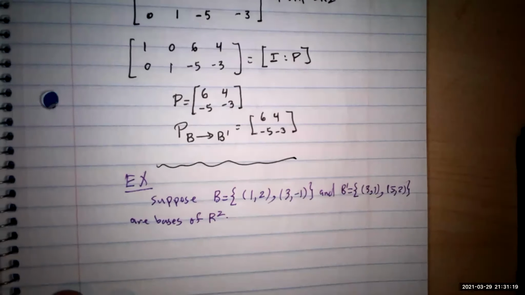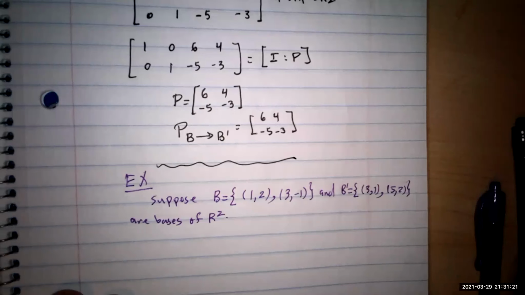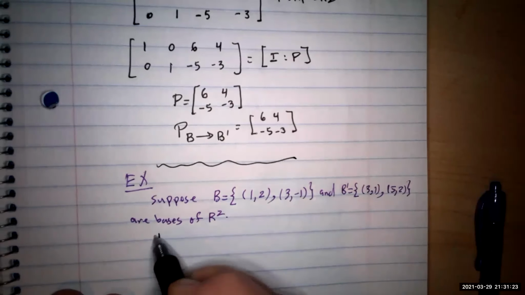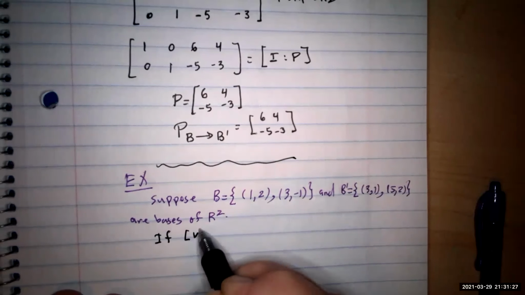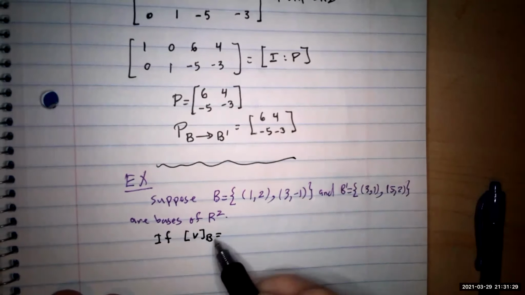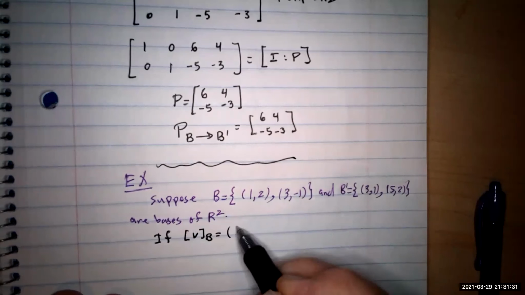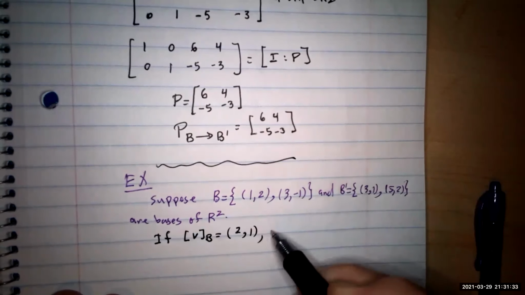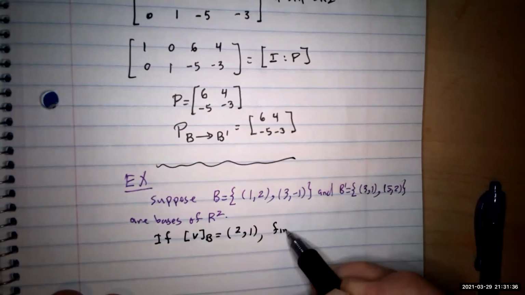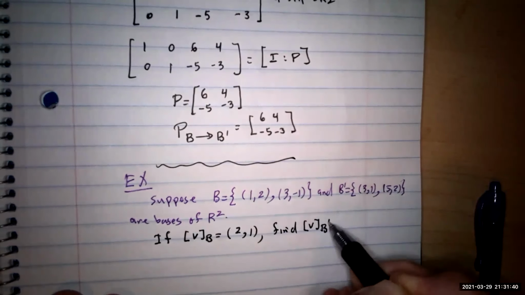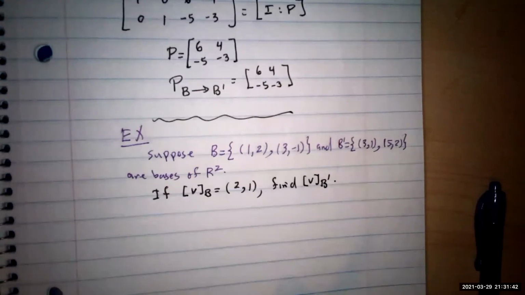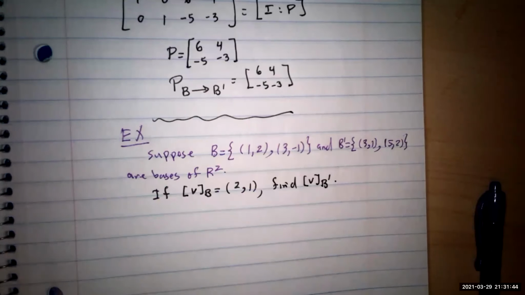Now, what do you want? This is what we want. If the coordinate of V with respect to B is equal to 2, 1, we want to find the coordinate of V with respect to B prime. This is the problem that would be given to you.